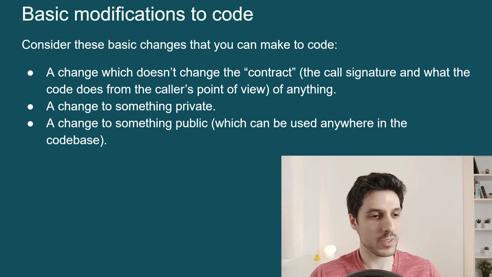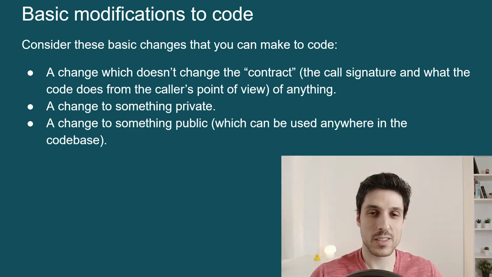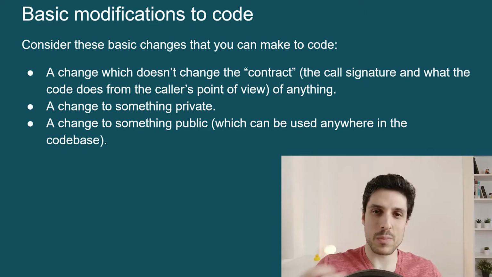Something which doesn't change the contract, which means the call signature and what that functionality actually does. Another kind is you can change something that's private. And finally, you can make a change to something that's public, which means it can be used by basically anything in the code base. Let's get into these one by one.